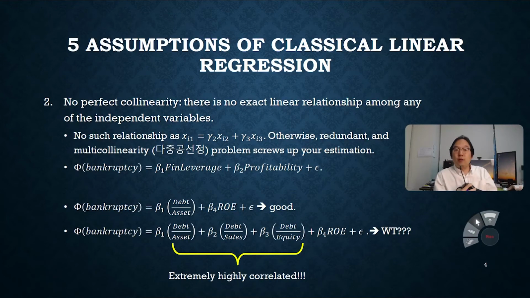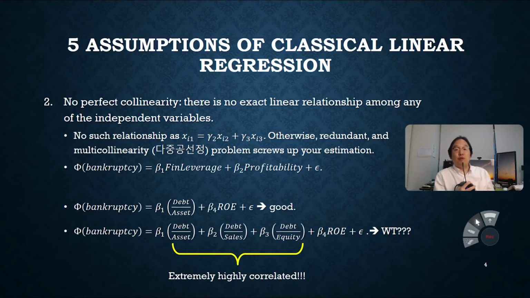No perfect collinearity. There's no exact linear relationship among any of the independent variables. No such relationship as, you see xi1 over here on the left hand side. That is for company i, okay? Variable 1, let's say that may be sales or whatever, okay?